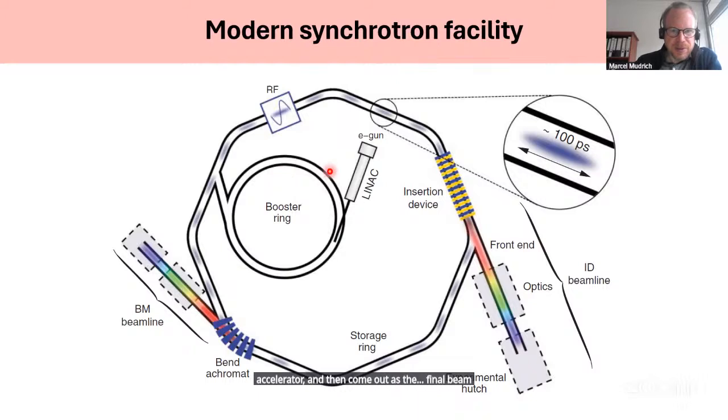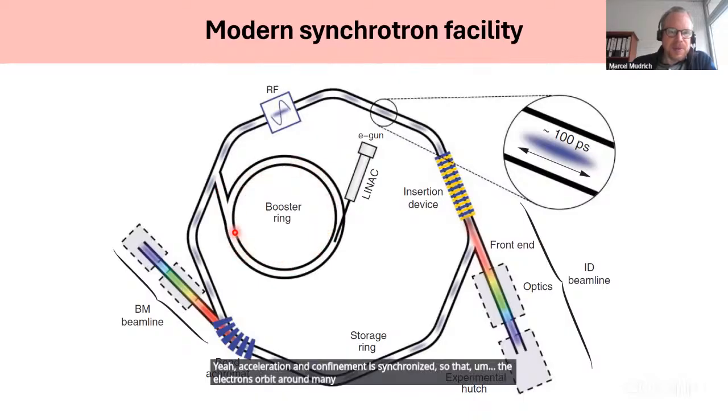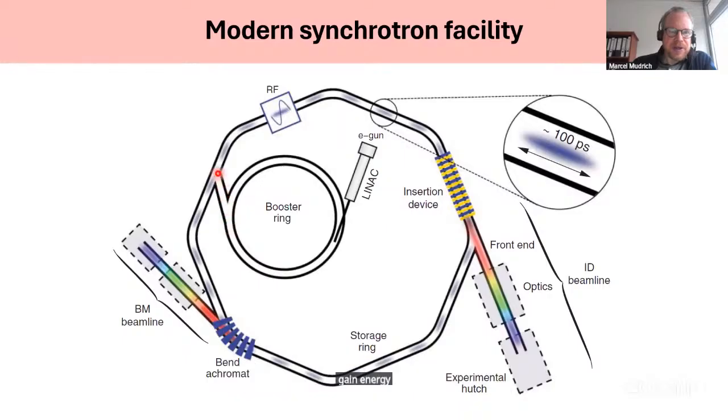But in a synchrotron, acceleration and confinement is synchronized so that the electrons orbit around many times to gain energy before they are then finally injected into the electron storage ring.